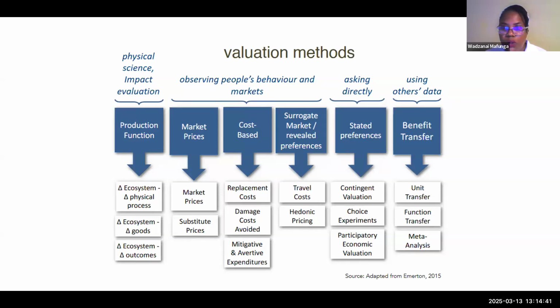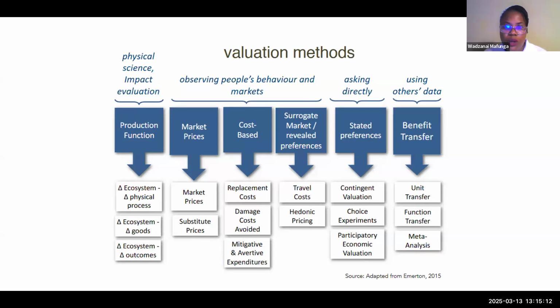And then when we look at the market-based methods, we have the market prices. Here we are looking at actual market prices of goods and services provided by the ecosystem. An example using the woodland is that if a forest produces timber, firewood, or other non-timber forest products like mushrooms and medicinal plants, we can get the value by looking at the market price of those products.